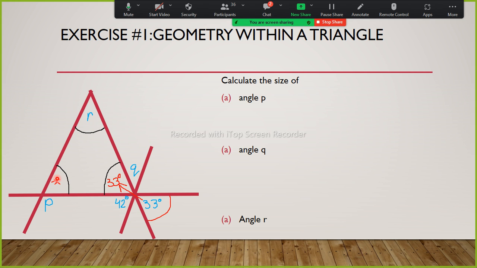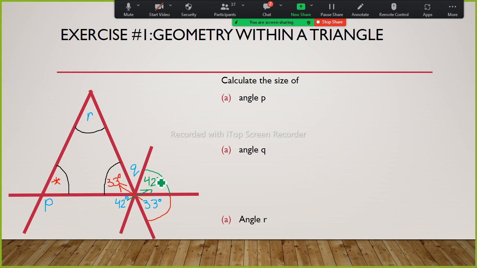But I also need this one. Now, in order for me to get that one, I know that this angle right here, vertically opposite, is just gonna be the same thing, which is 42.